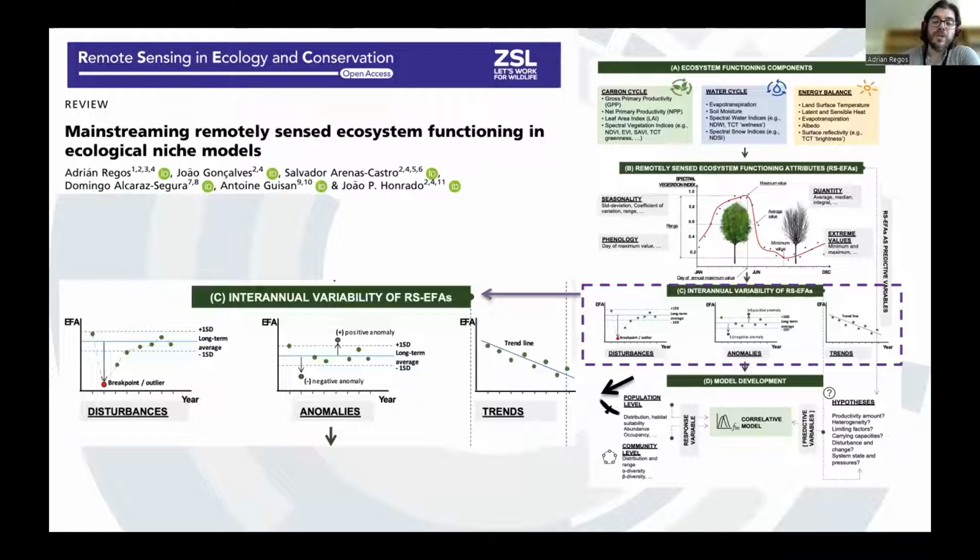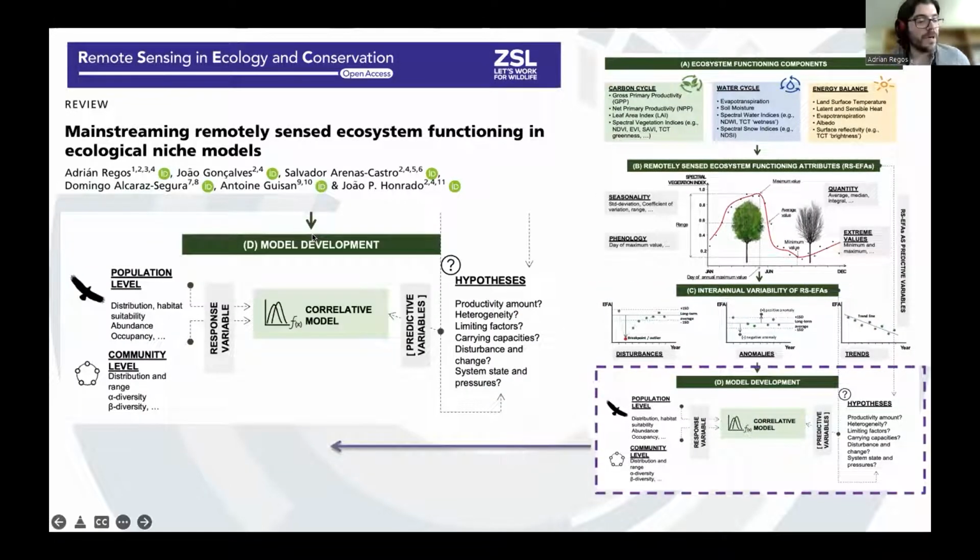We can measure how it's changing between years to identify trends, anomalies, and even abrupt changes caused by disturbance. So we have a large number here of variables related with ecosystem functioning that can be incorporated in our models, in ecological niche models or other more complex approaches to test different hypotheses or to answer different questions.